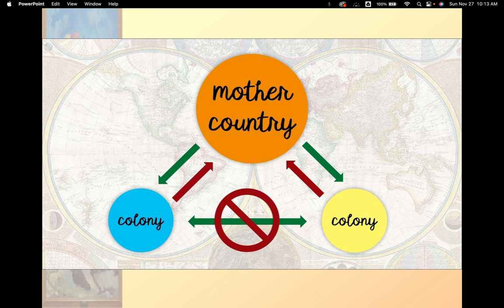So colonies produce commodities, and these commodities are changed into manufactured or finished goods in the mother country and then sold in the colonies. So if you're producing sugar and rum, that sugar and rum has to go back to the mother country to be processed, to be packaged, and then sent back to the colonies to essentially be sold.